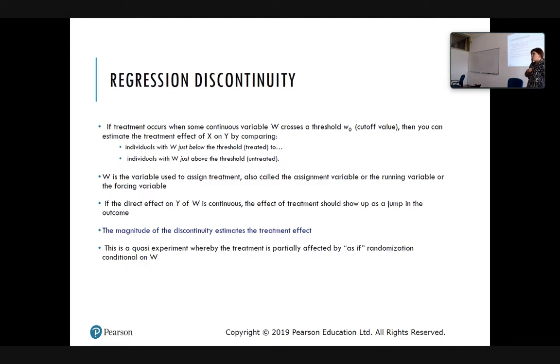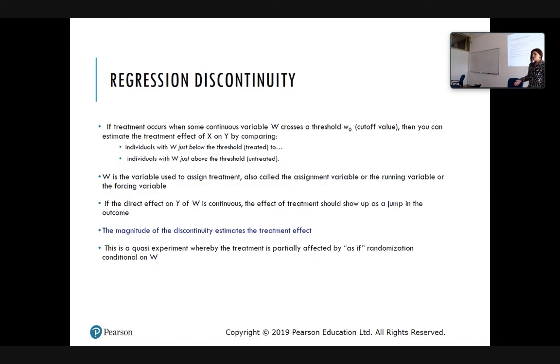So if I take, for example, you will take, I don't know, 24, and you will take 25. Let's assume that you go to the summer school and you don't.